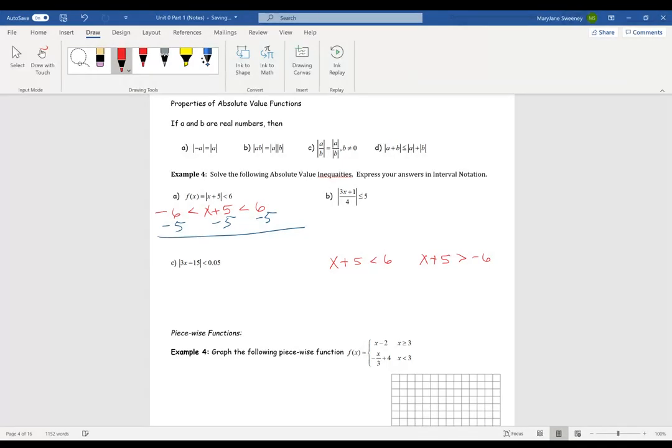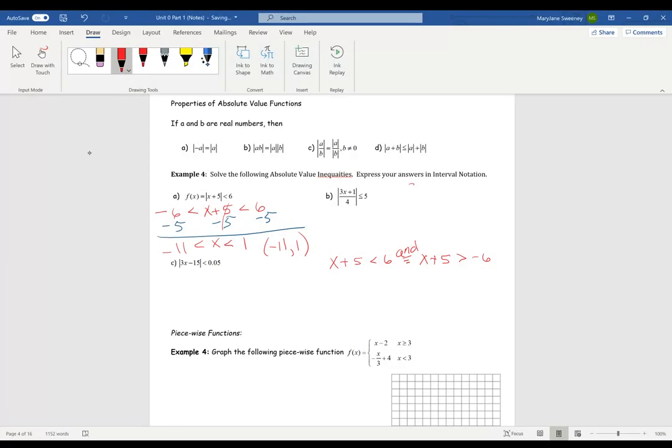The only reason I don't do it this way is because you have to know it's an and, not an or. So I keep it the sandwich method if it's an and, which less than or equal to is. So if I were giving this answer in interval notation, I would say negative 11 to 1.